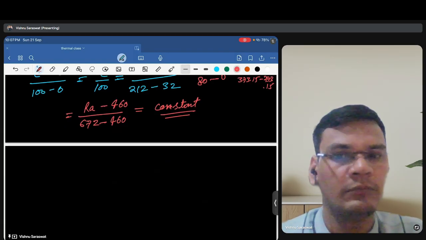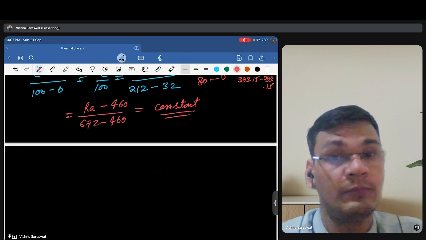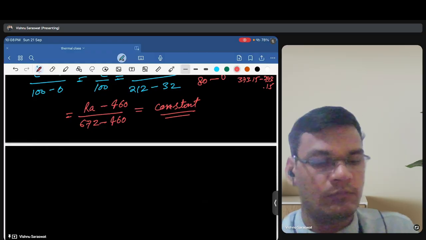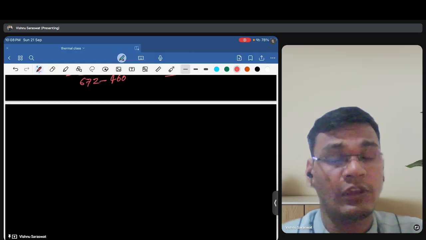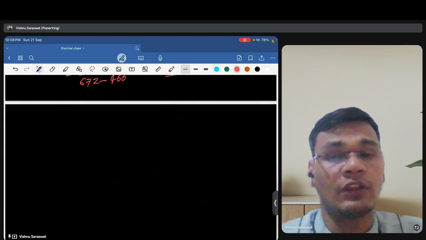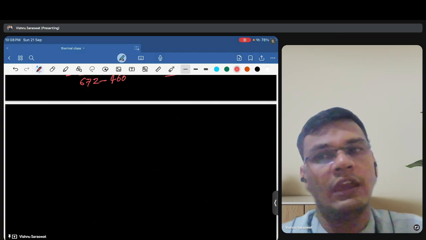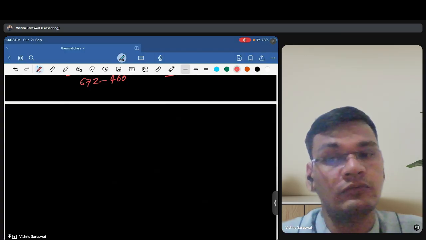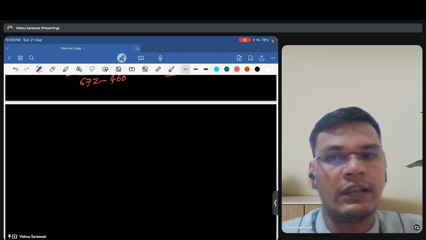You should remember this, and it will help a lot in your exam, because sometimes they directly give you a temperature in degrees Celsius or Fahrenheit and want you to convert it into Reaumur or Rankine. You can directly calculate using this formula.